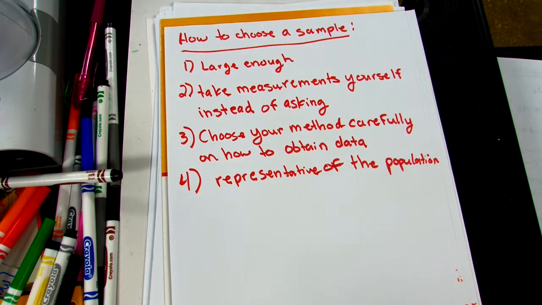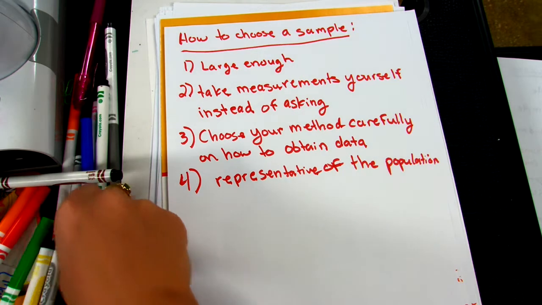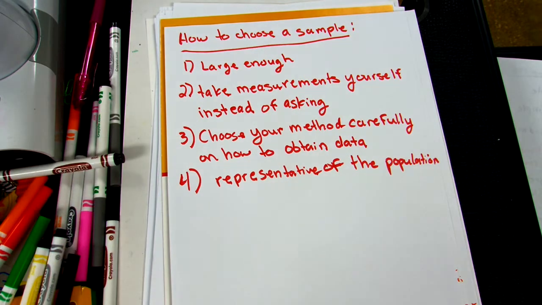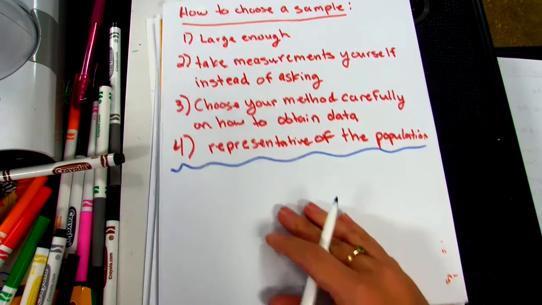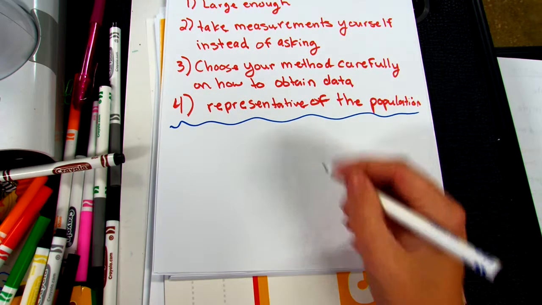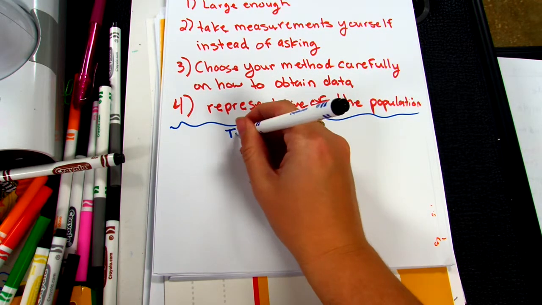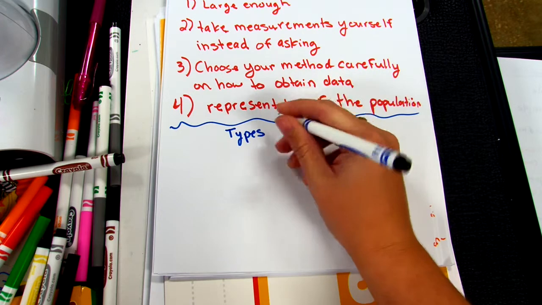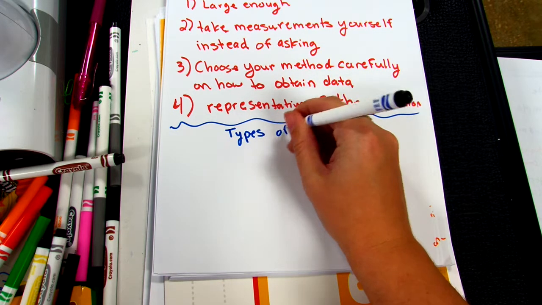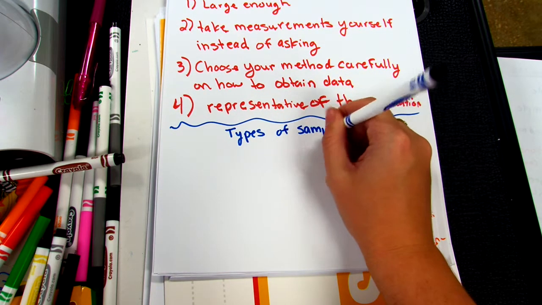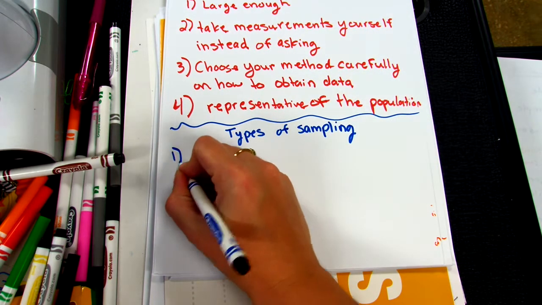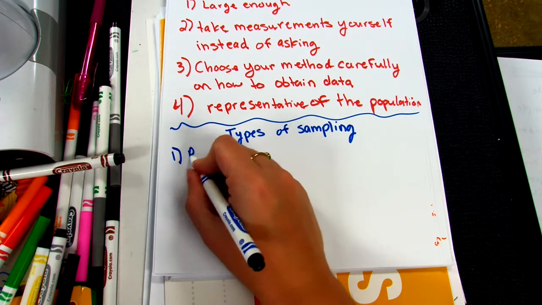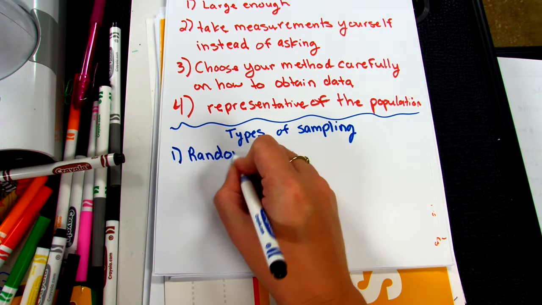So let's talk about the different types of sampling. Okay, the first type is random sample.